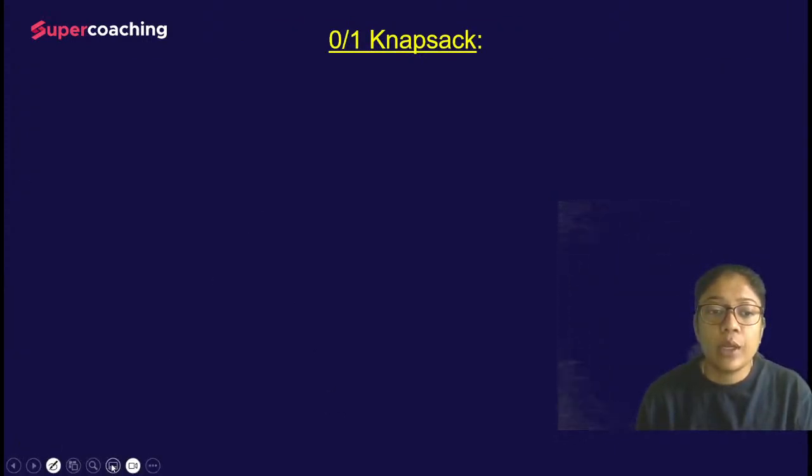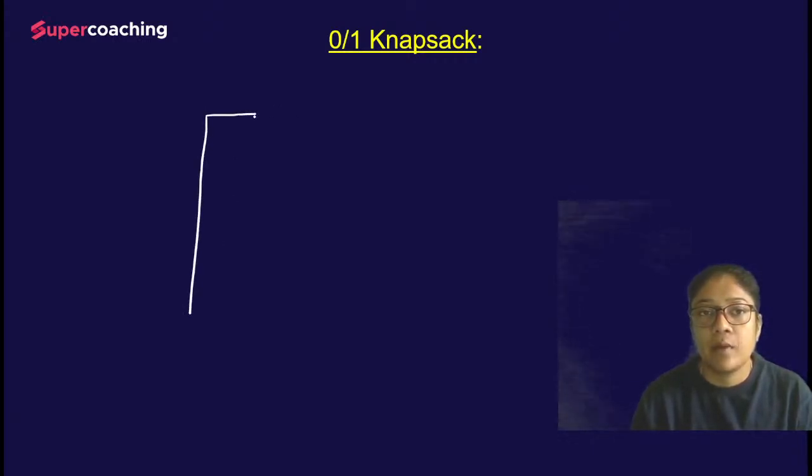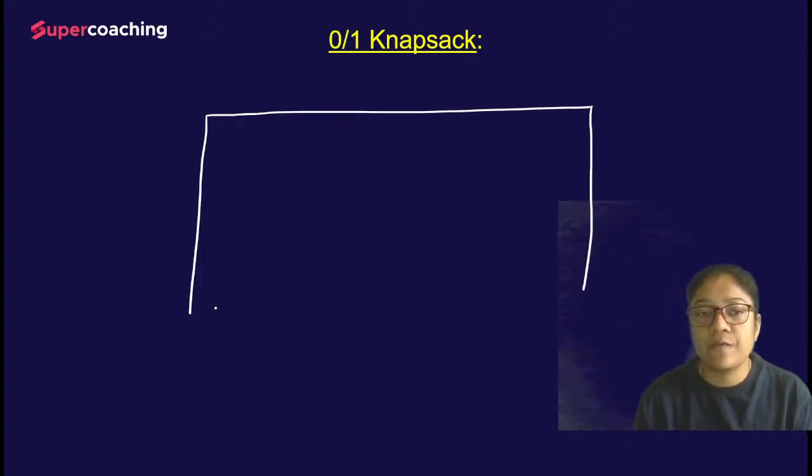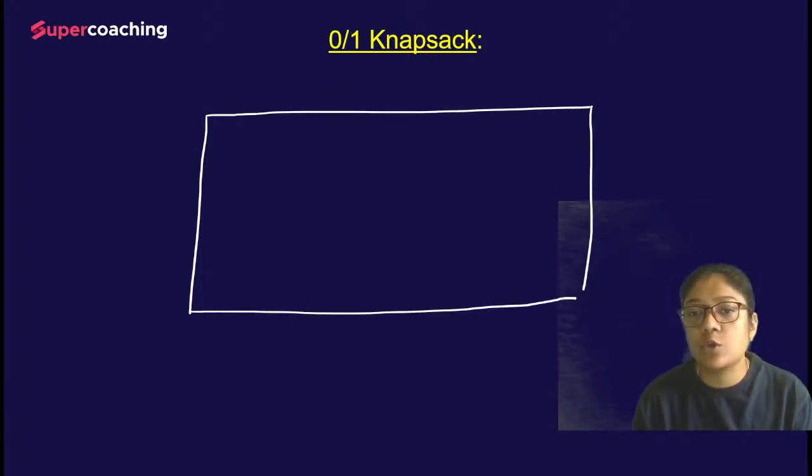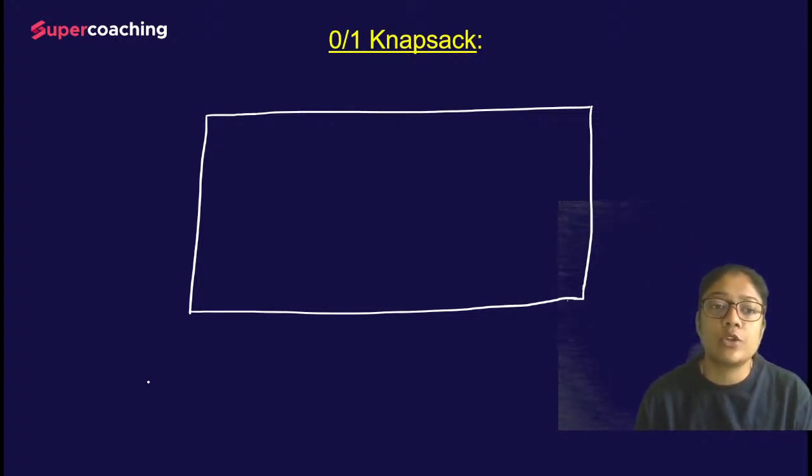So what we will do here is, if maximum capacity is 15, तो आपके पास distinct function calls क्या आ सकते हैं? Let's assume that the original function call is 01 knapsack 15, 5.